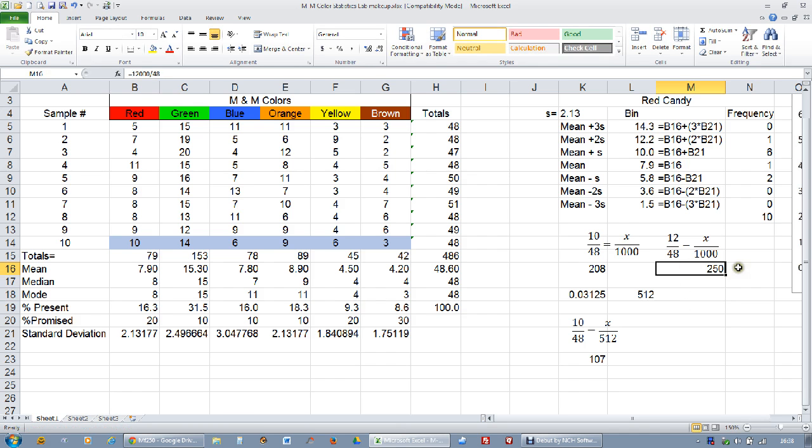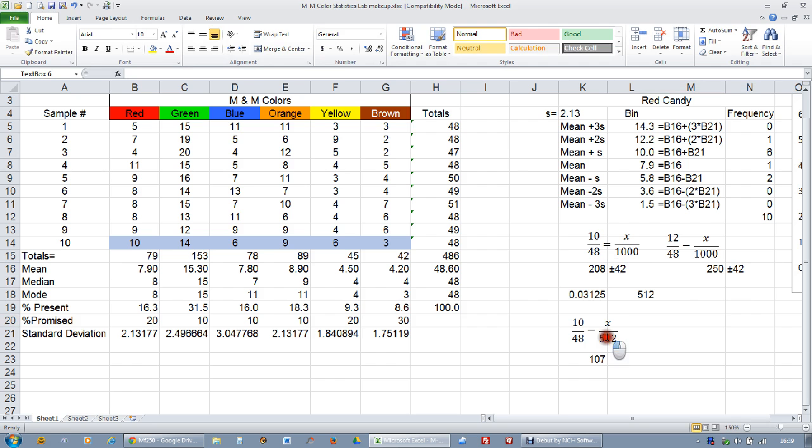So our tolerance is plus or minus 42. 208 plus or minus 42 M&Ms.